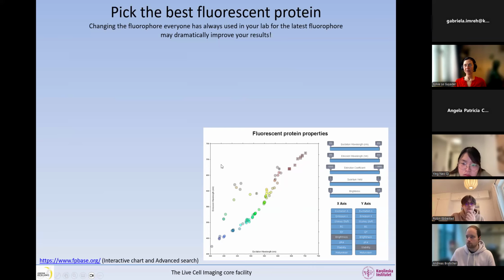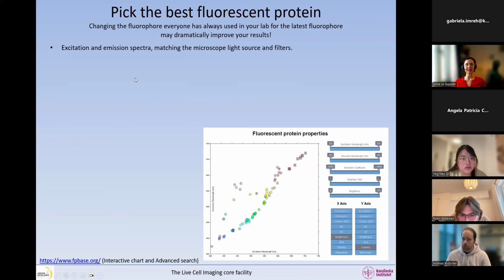You can select the excitation that you want. If you're looking for a good fluorophore, you can select all sorts of things and display them in a different way, and then you will see the excitation and emission spectra. For example, you can find the fluorescent protein that best matches your microscope light source and filter.